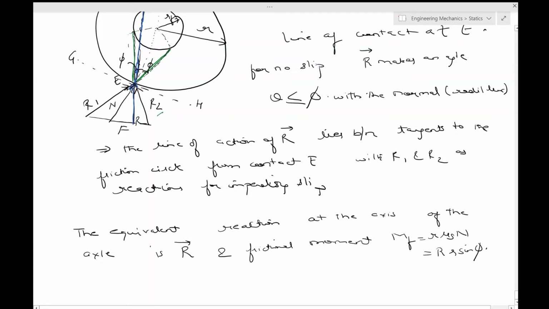We have seen this before about pin axis. This is in a direction which is opposite to the impending rotation.